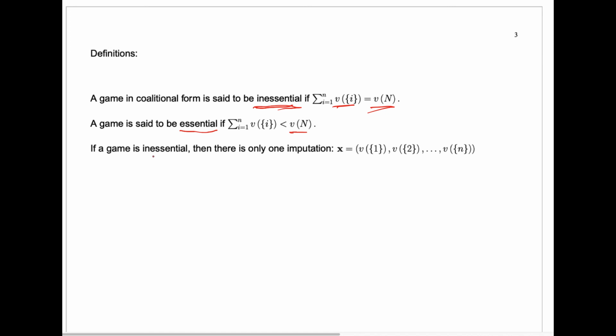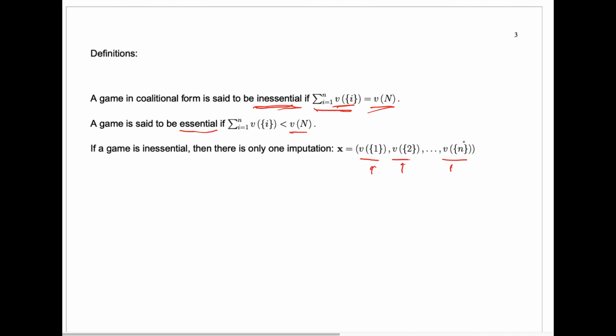So if a game is inessential, that means basically no coalitions make any sense except individual coalitions. Then there's only one imputation. The only imputation that's possible is to pay off each player their individual values. Why is that? Well, to be individually rational, each entry here has to be at least the individual value. So you would need at least this much in every entry.